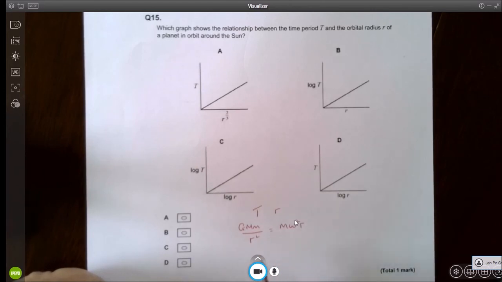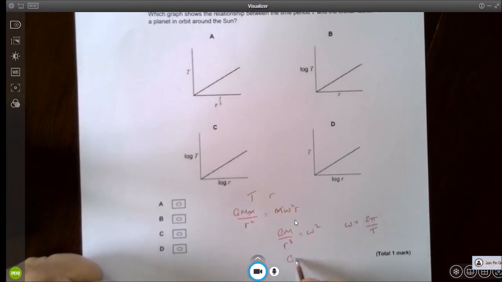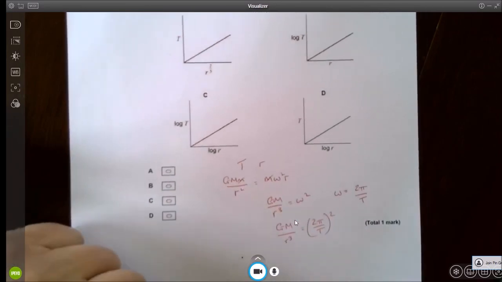So what we do is we cancel out the little m's, and we get GM over r cubed is omega squared. But omega is not in here, so we have to remember that omega, the angular velocity, is 2 pi over T. So GM over r cubed is 2 pi over T all squared, which gives us Kepler's law.